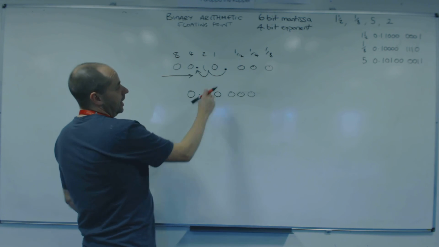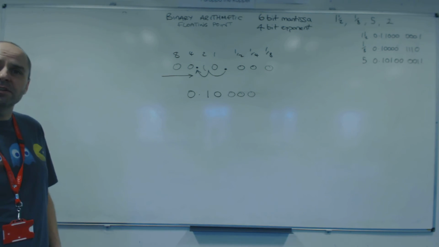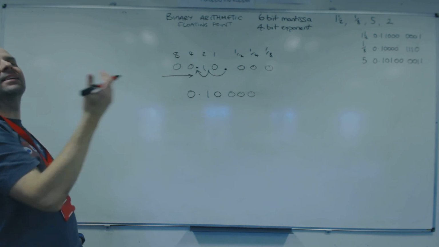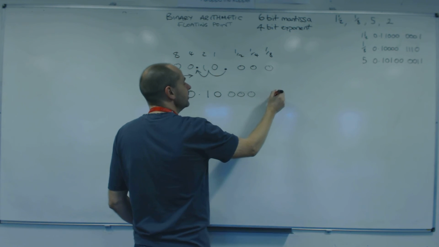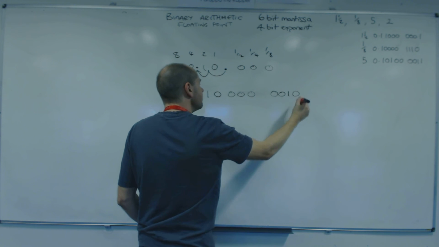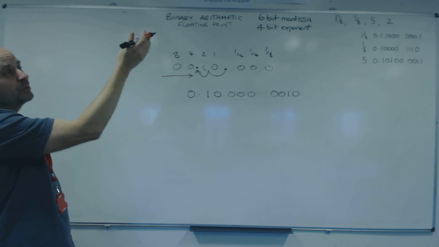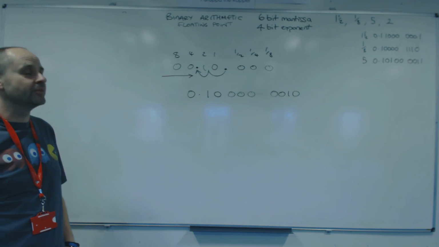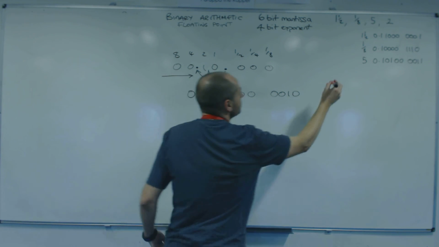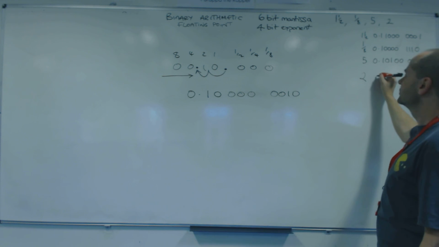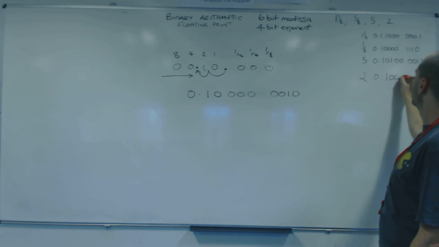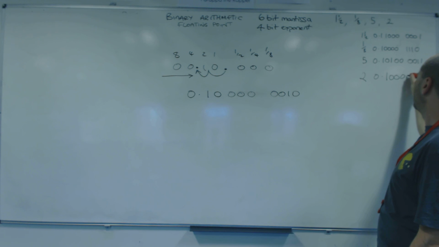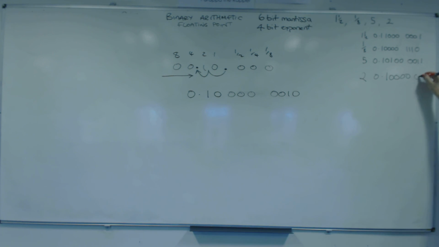I've moved it 2, so my exponent's magnitude is 2. We went left, so we need to make it positive. Because we started with a number bigger than 1, the exponent was going to be positive. Okay, so that is 2. So 0.10000010. Okay, so I'll stop the video there and then we'll do the arithmetic. Is everyone happy with those?